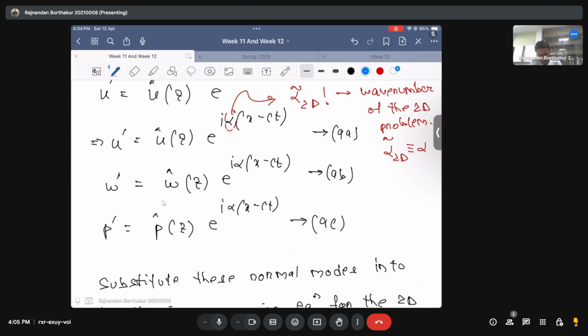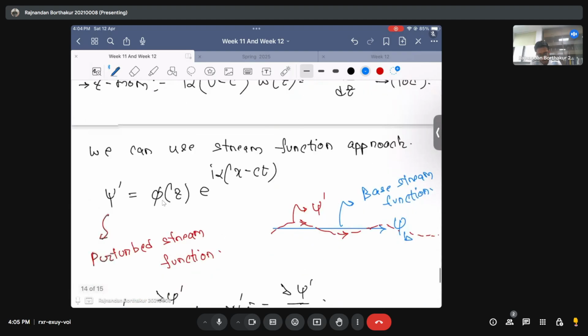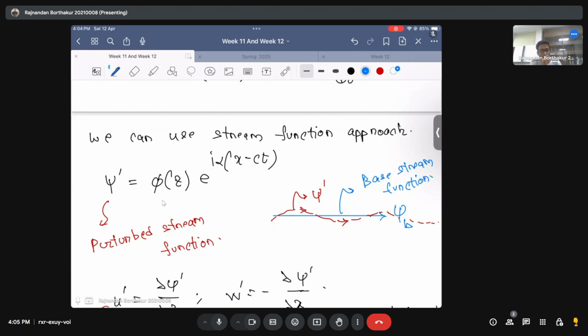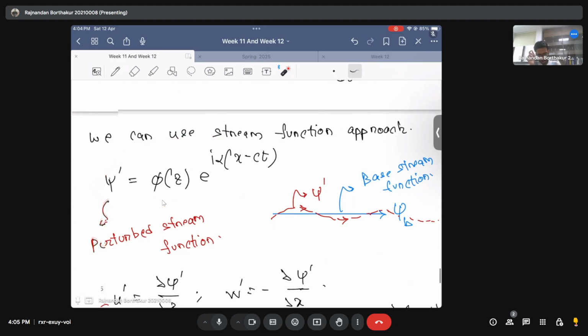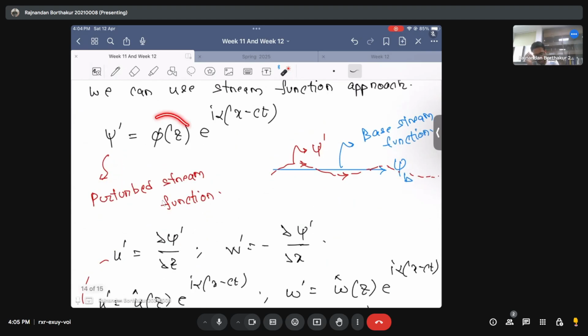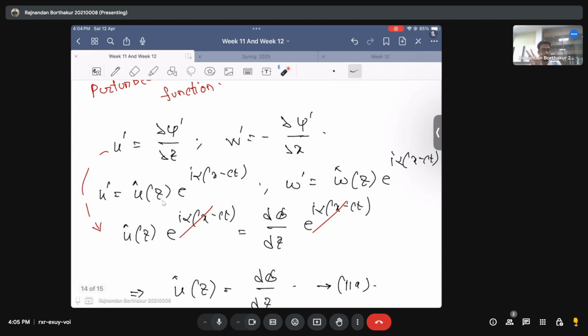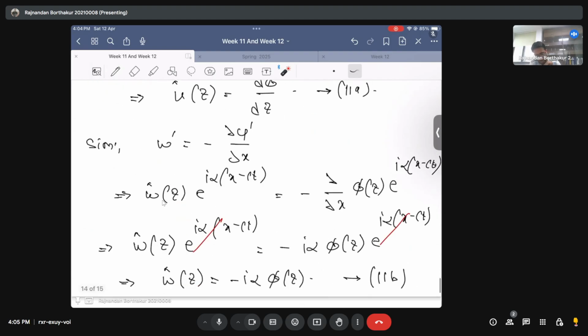Since we are in the 2D regime, instead of solving for two variables, we use the stream function approach: we define the perturbation stream function psi prime added to the base stream function psi b, wrote that part also in terms of normal modes, and then established the link between the eigenfunctions of the individual velocity components and phi prime, using the relationship of stream function and velocities. That's all that we did.